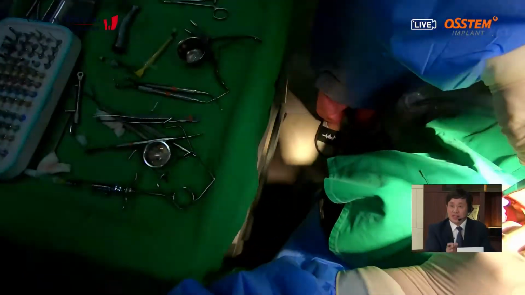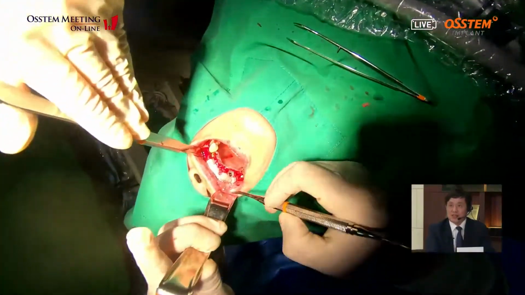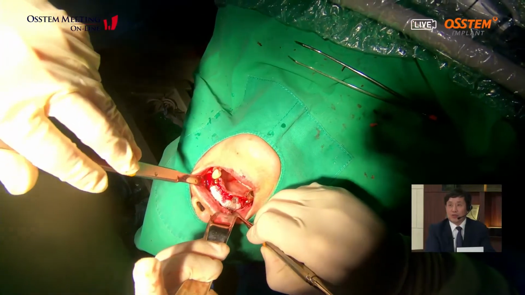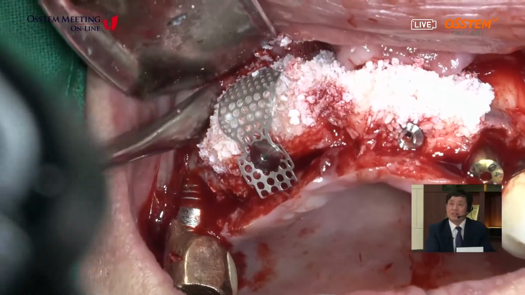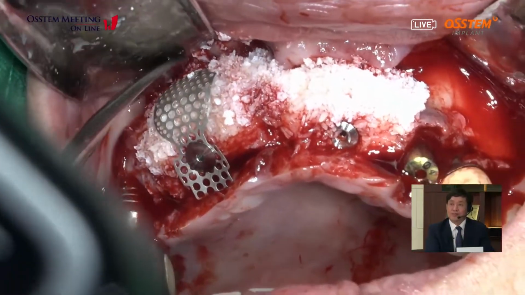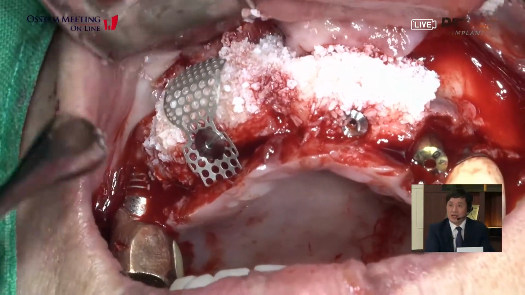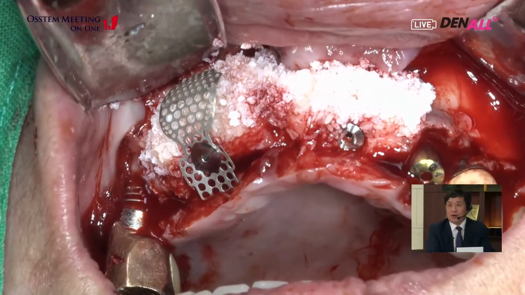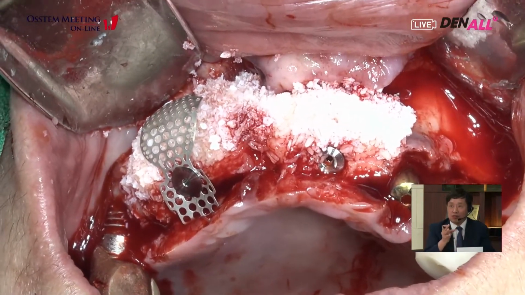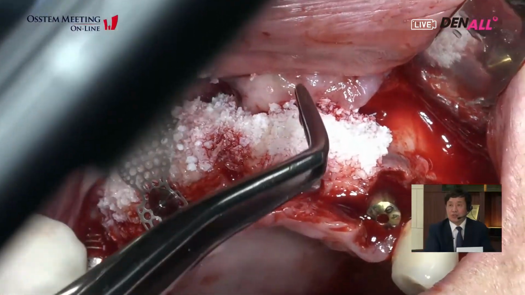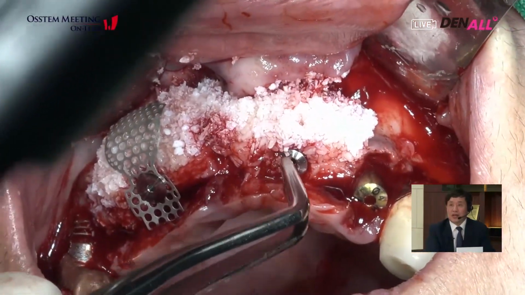Yeah, the patient has a slight discomfort of the mouth opening appliance, so he removed the retraction. And he connected the cover cap, so the Ossbuilder has good fixation with the fixtures and can hold.